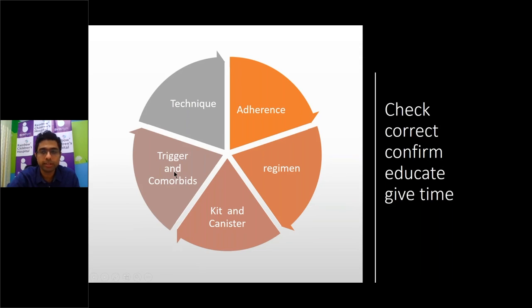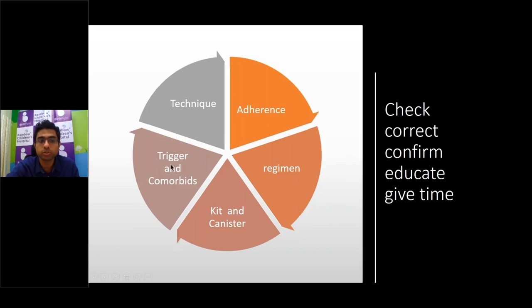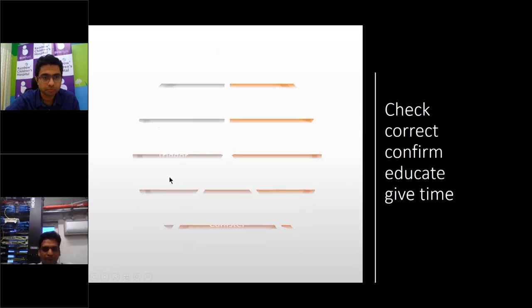You have to always rule out triggers and comorbids. Comorbids: allergic rhinitis, food allergy, allergic conjunctivitis, and atopic dermatitis. All these things should be kept in mind. Obesity and GERD are also important comorbids which should be addressed.